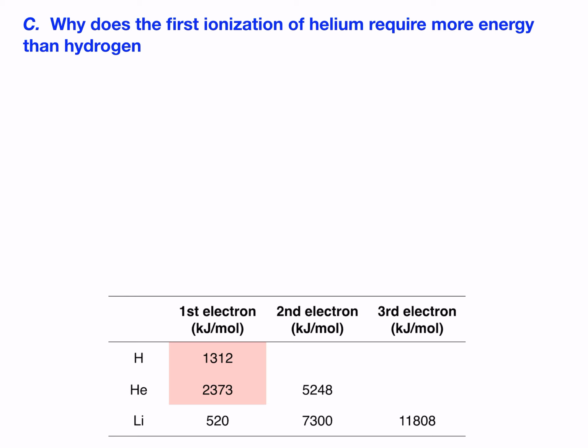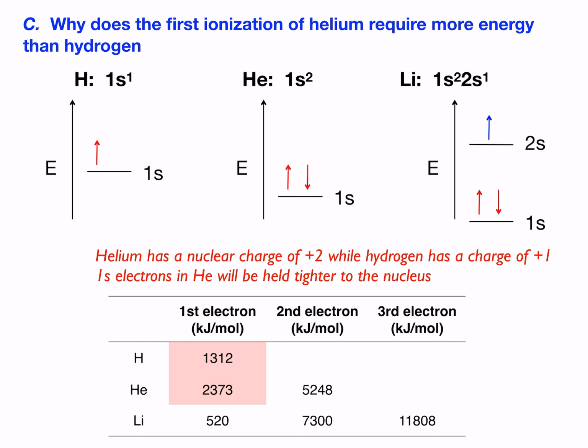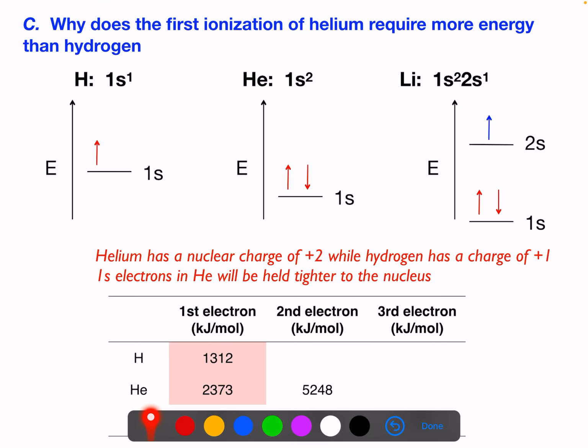Why does the first ionization of helium require more energy than hydrogen? Now we're comparing 1s and 1s electrons, so the key between hydrogen and helium is that they're both 1s electrons, but now we have to consider the nuclear charge.